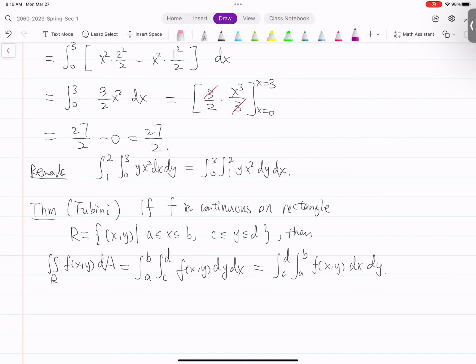So once again, the order does not matter, but it always has to coincide with your variable of integration. So once again, dy dx. Okay, so dy is on the inside. So that integral from c to d about y is also on the inside. Very important.